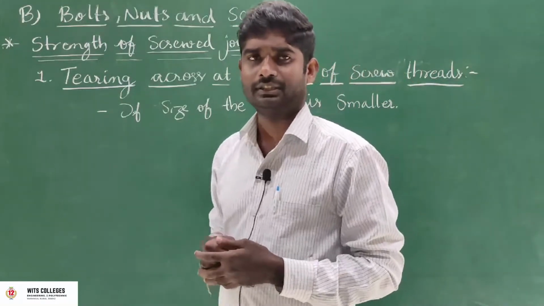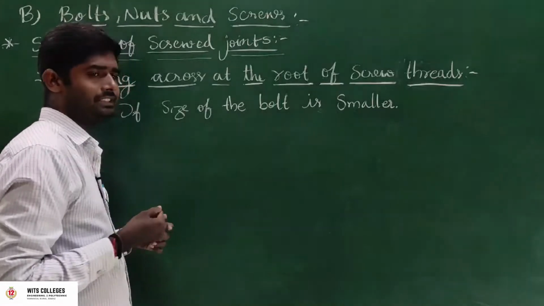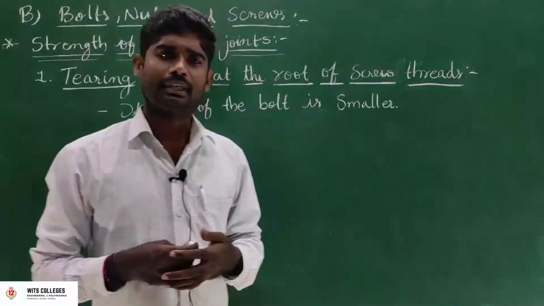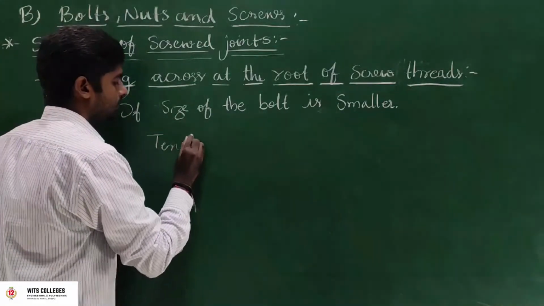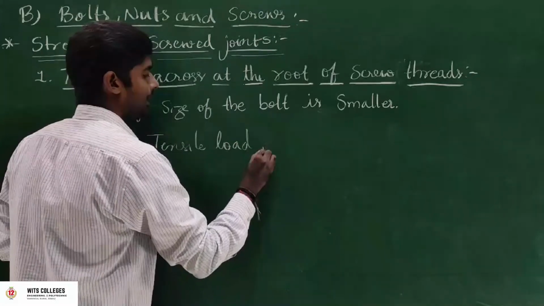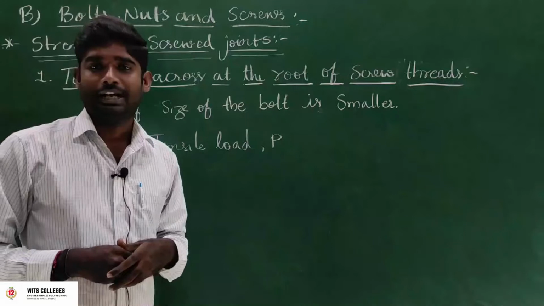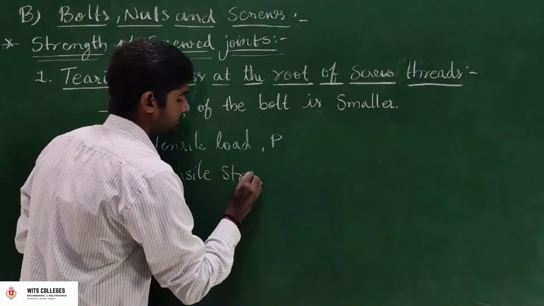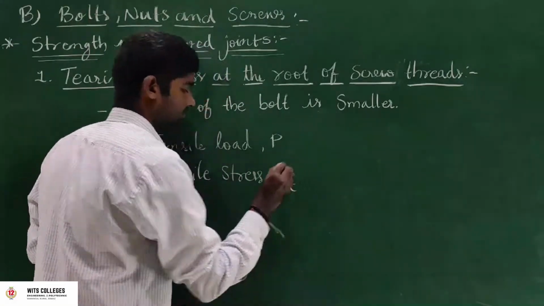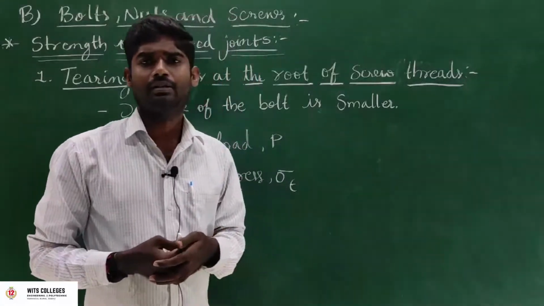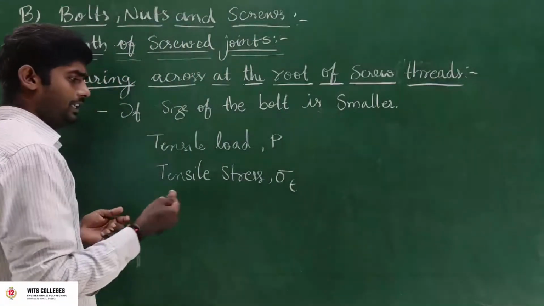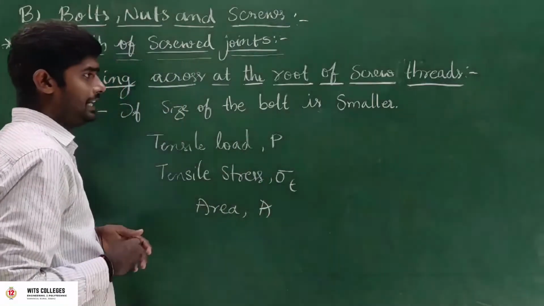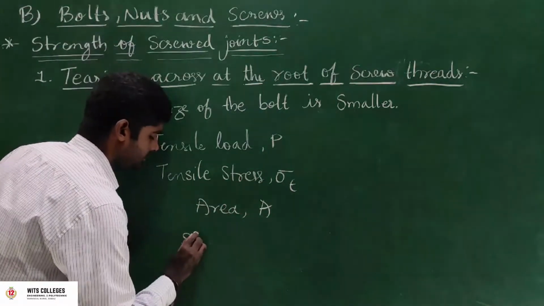In this one, tensile stress. Tensile stress is denoted by sigma and load is denoted by P. Tensile load is denoted by P, and tensile stress is denoted by sigma T. Actually stress is equal to P by A, where A is the area.